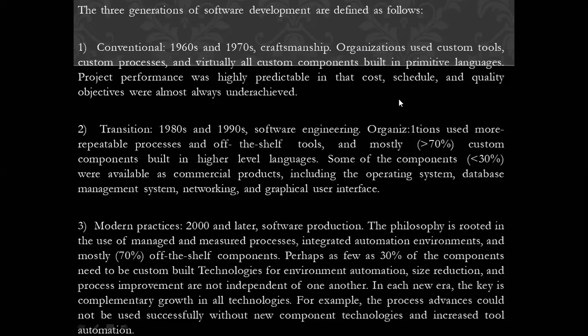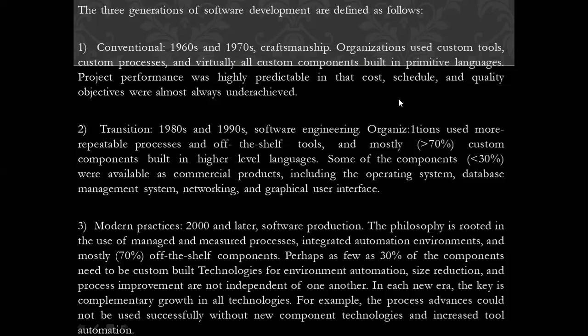Some of the components were available as commercial products, including the operating system, database management, networking, graphical user interface. So these things came into existence, because of which the requirement of skill also increased, requirement of resources also increased. So this period is called the transition period.